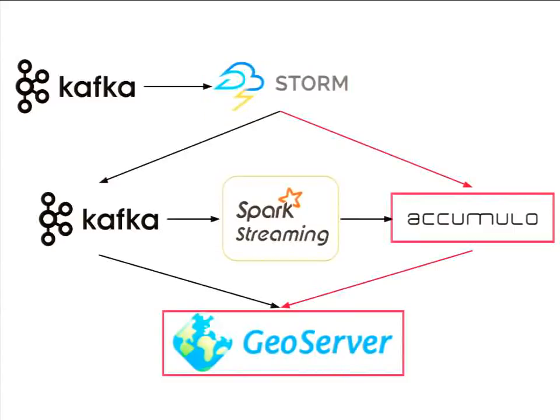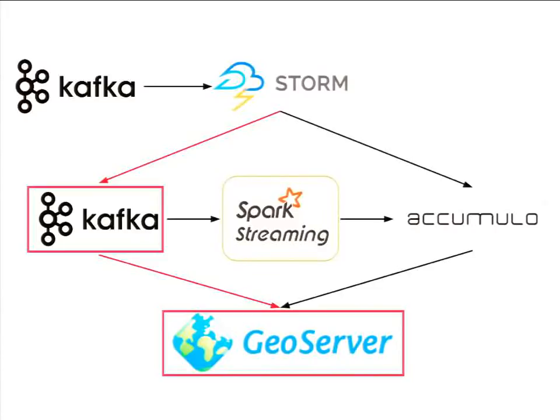And then I could store that directly into Accumulo, and then using GeoMesa's plugin for GeoServer, I can visualize that data right there. I could also throw it into another Kafka queue and visualize that through their Kafka plugin for GeoServer, which will actually end up being quicker because I don't even have to ingest it into Accumulo.